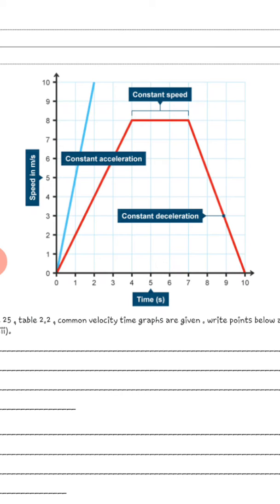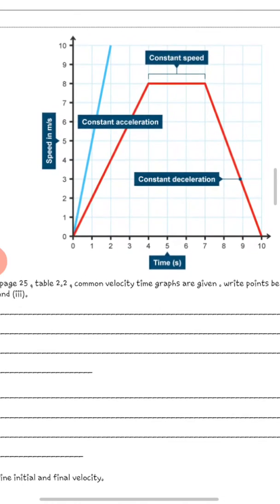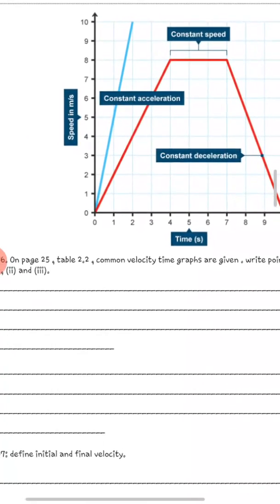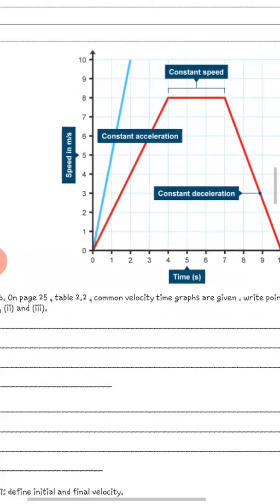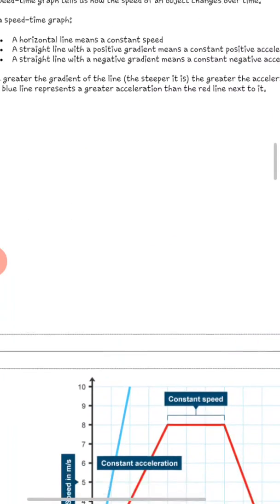And now I need to know what is velocity. It is the rate of change of displacement. So if it is increasing, it's accelerating. If it is decreasing, it's deceleration. And if it is a uniform speed, it's a constant speed, and the graph will have a horizontal line.